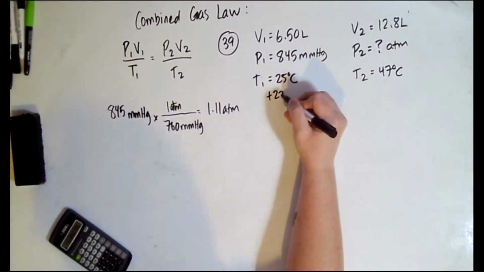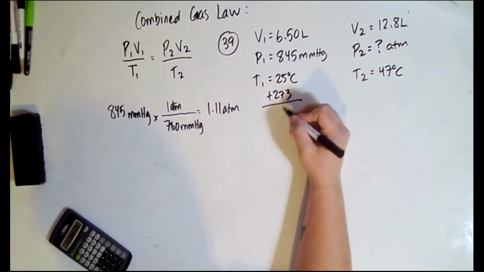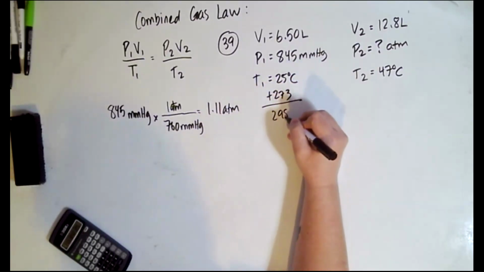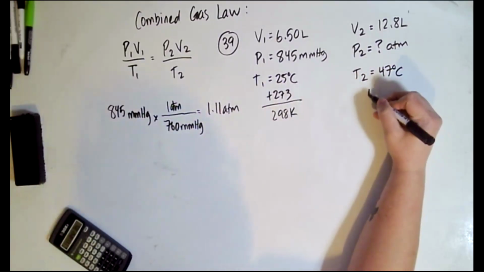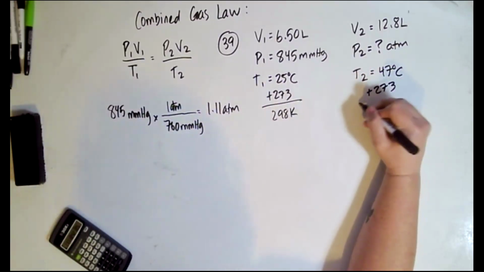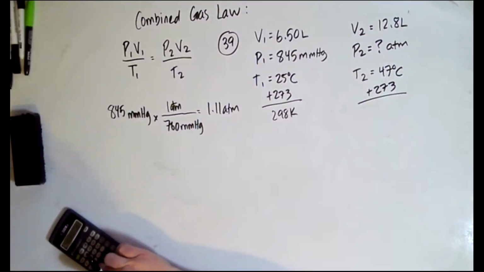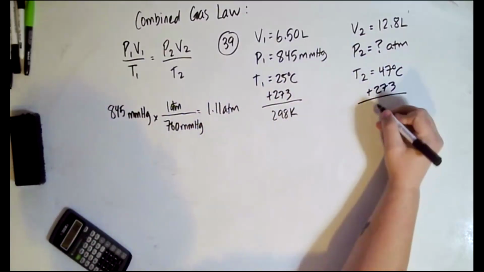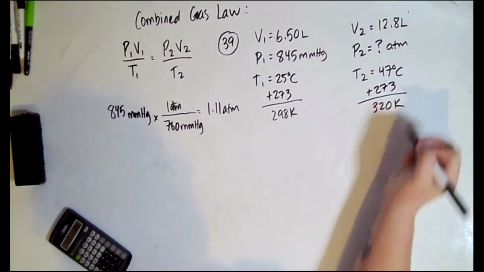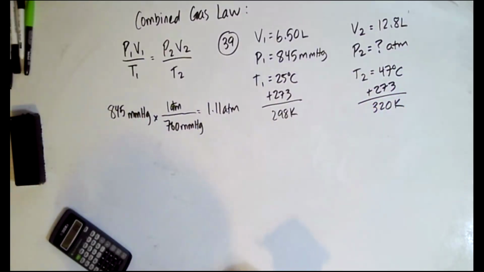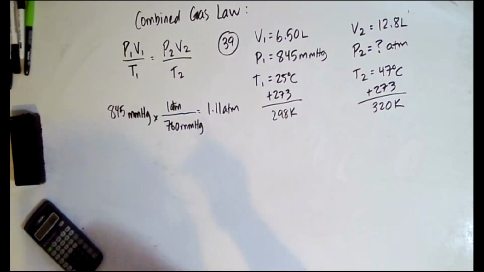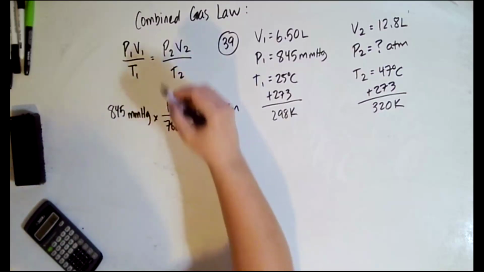And for our temperatures, we'll add our 273. Okay, and now we can plug in and solve for our missing variable.